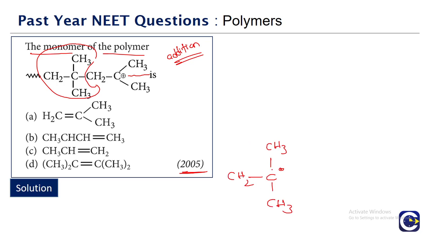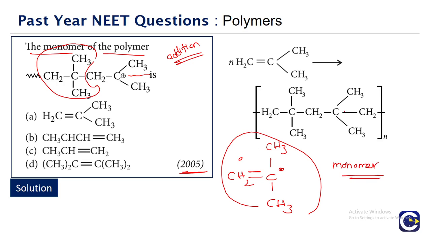Once we take it out, we will see that these two carbons will now have one valency deficiency. We will account for that by having an additional bond created. That's it. This is the monomer. So when we polymerize this monomer, you will be getting a homopolymer, which will be the one that they have given in the question. So these kind of questions will generally be asked for the addition polymers.